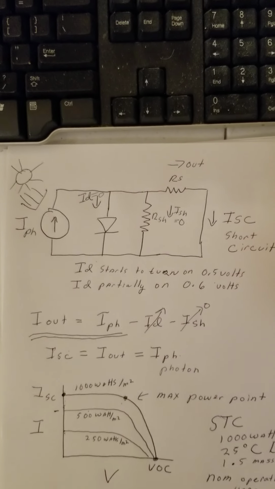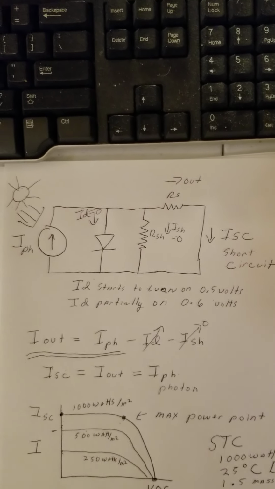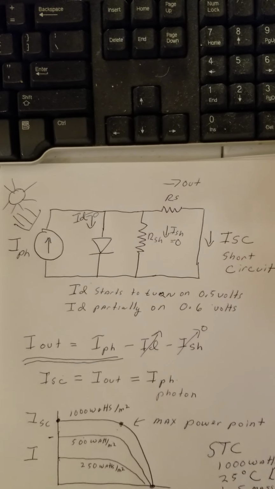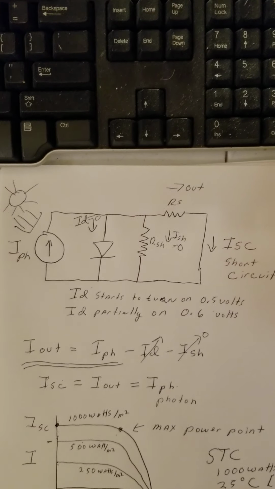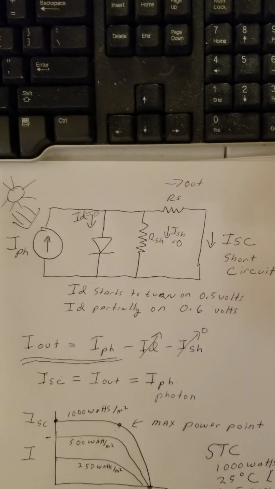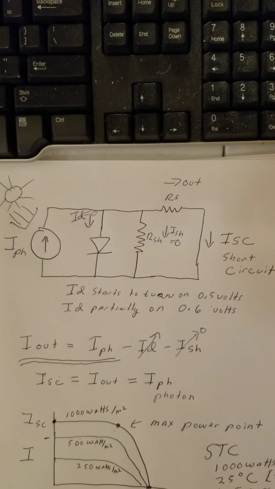In essence, the output of one of these solar panels, I out, is equal to the photocurrent minus the current that goes through the diode minus the current that goes through the shunt resistor.